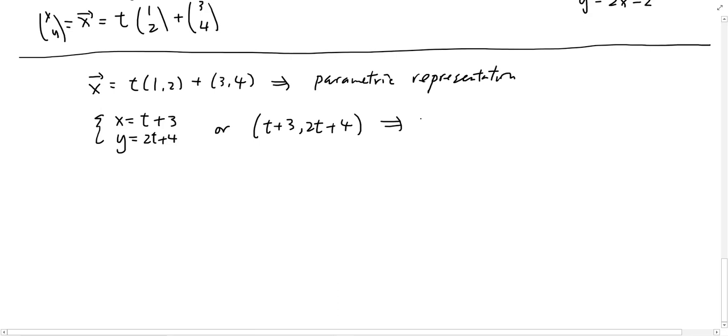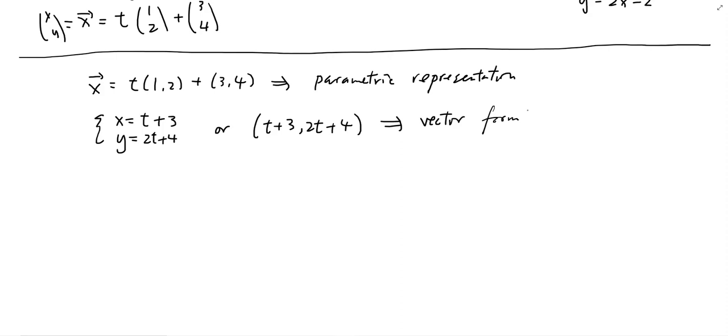I'm going to refer to this as the vector form, because you actually write it like a vector. And in this way, it's easier for you to generate the values and plot on the graph.